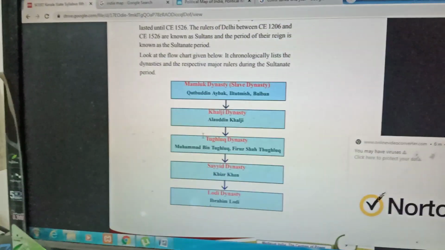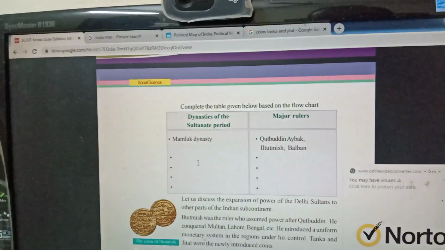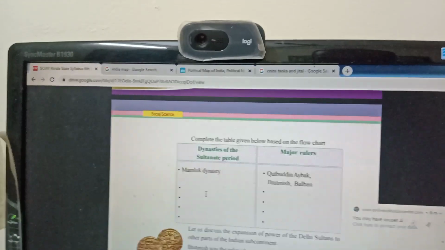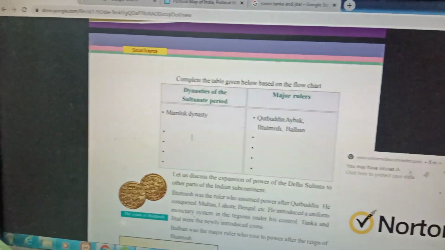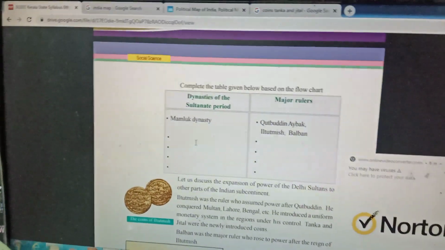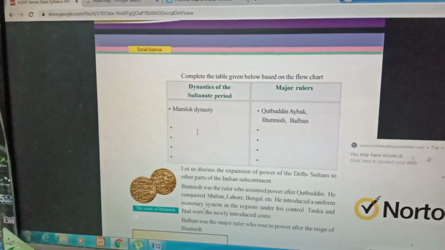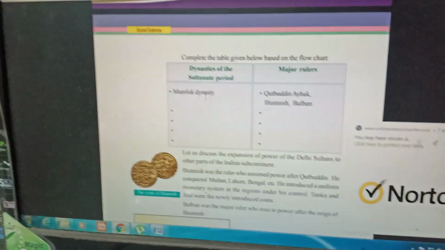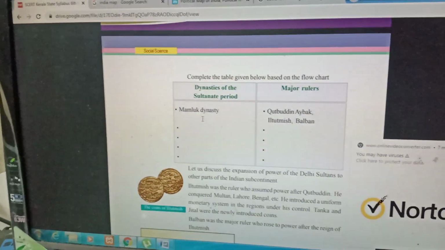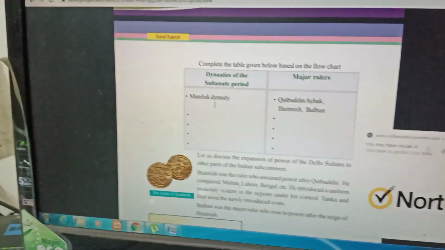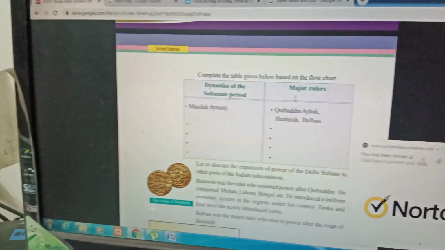Now there is an activity for you. You have to complete the table based on the flow chart that I described to you just earlier. You have to draw a table in your notebook and divide the table into two. On the left hand side, you have to give the heading Dynasties of Sultanate period, and on the right hand side the heading Major Rulers.